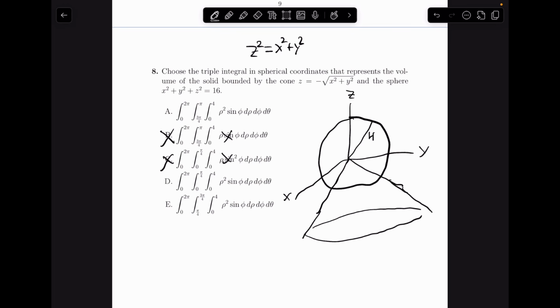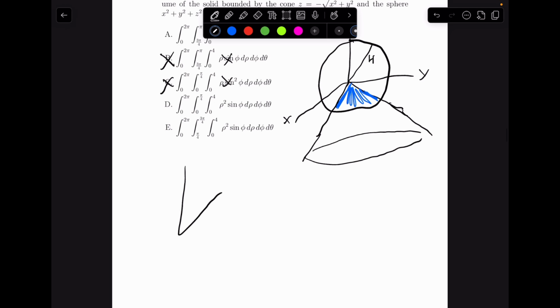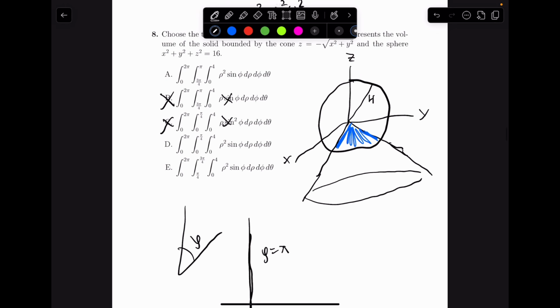I'm going to use a different color. We're looking for this stuff right here. So I'm thinking about our phi values. This is our phi right here, and if we had just this right here, this would be phi equals pi.